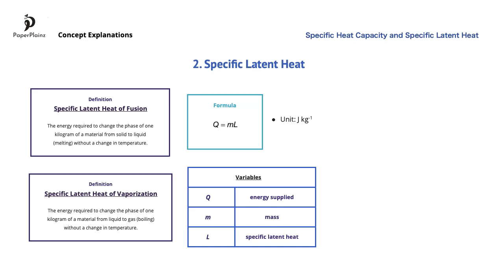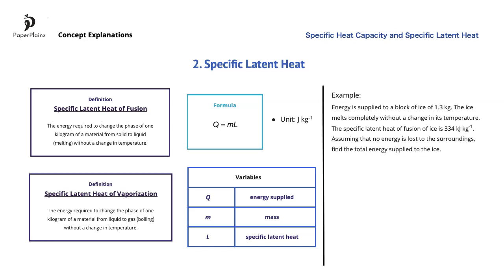Let's discuss an example. Here we have to find the energy supplied to an ice block while it melts. The mass is 1.3 kilograms. The specific latent heat of fusion of ice is 334 kilojoules per kilogram, which I will write in joules as 334 times 10 to the power of 3 joules per kilogram.